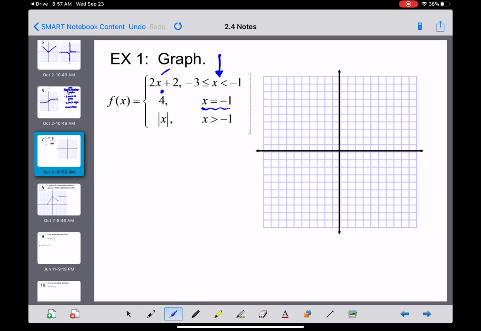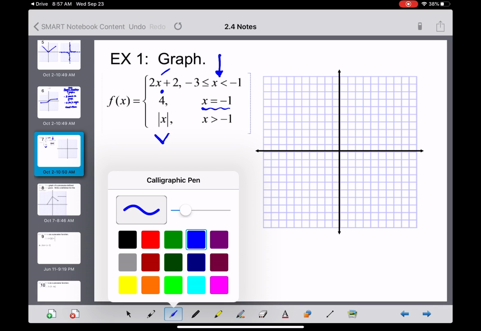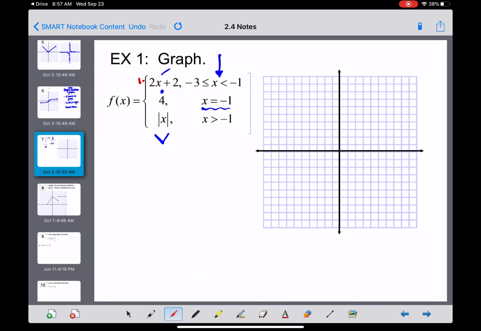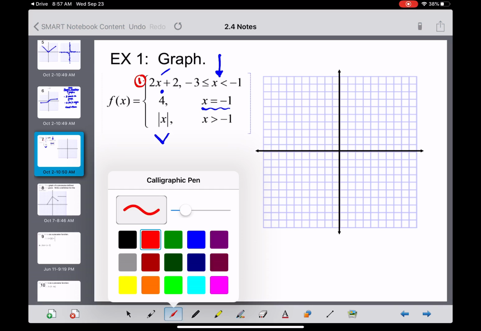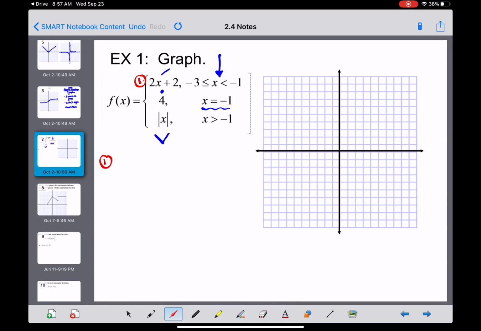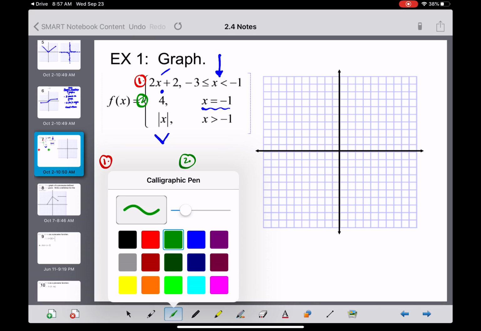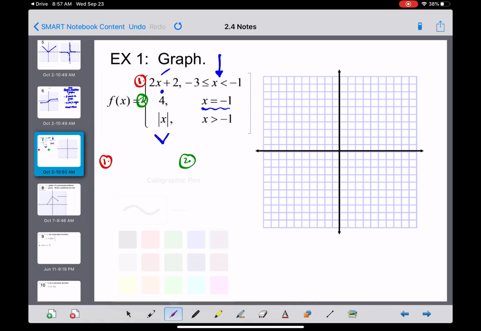And then the absolute value of x is going to be a V. And again, there's nothing else except for the parent function. So the way that I'm going to do this, the way that I teach it, is I go through and I make 3 tables. So I'm going to have table 1, table 2, and table 3.